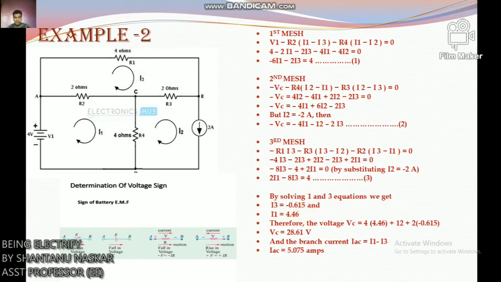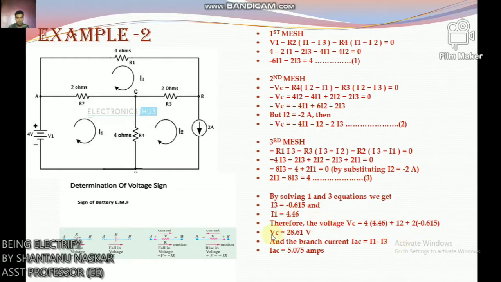the value of I1 we get, which is 4.46. Okay, now therefore the voltage Vc equals to 4 into 4.46 plus 12 plus 2 into within bracket minus 0.615, which is the value of I3. We are just putting the value of I1 and I3.